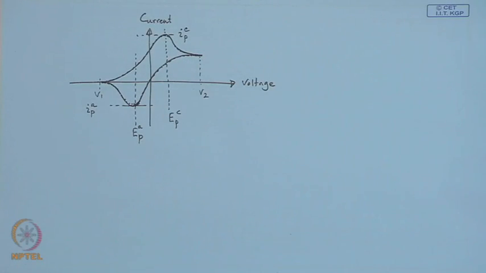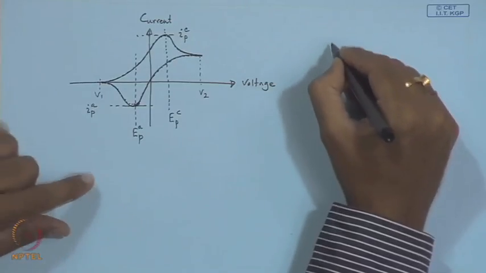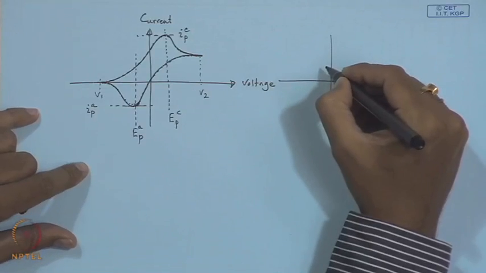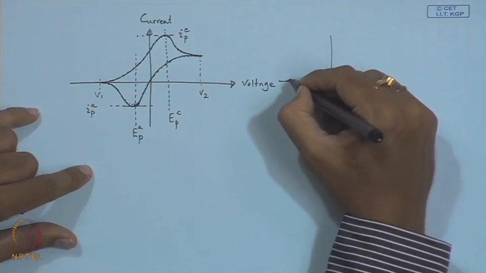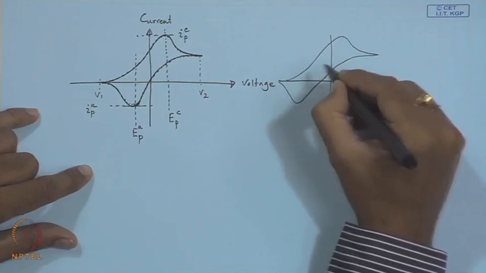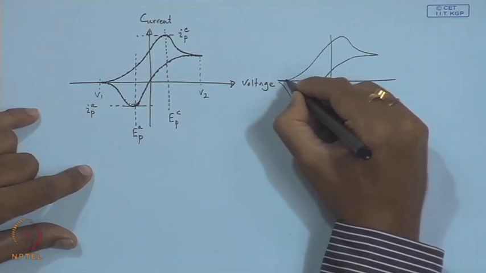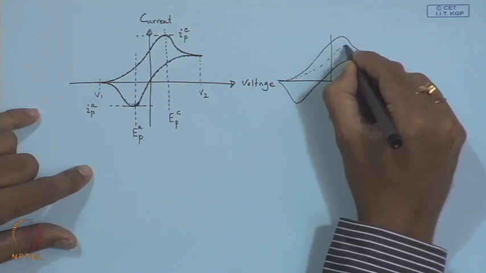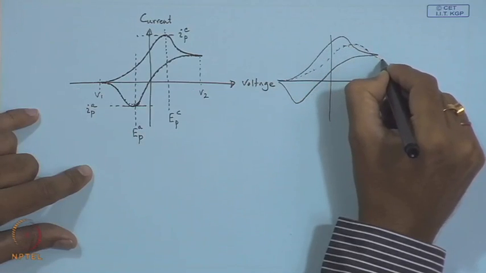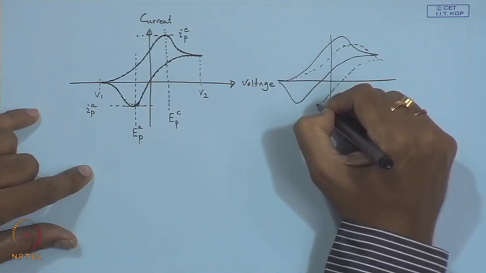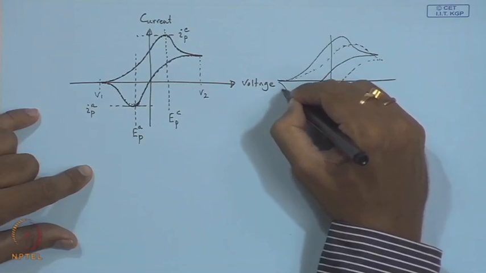But one point I should tell you is that if it is a quasi reversible situation, then if you change the scan rate, your voltammogram will change, something like this, and it may not end up like this.